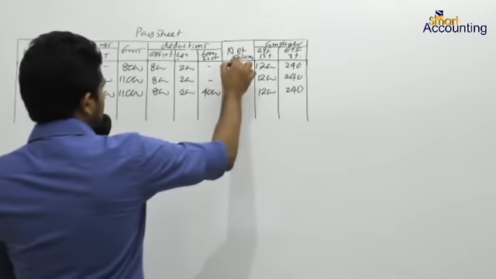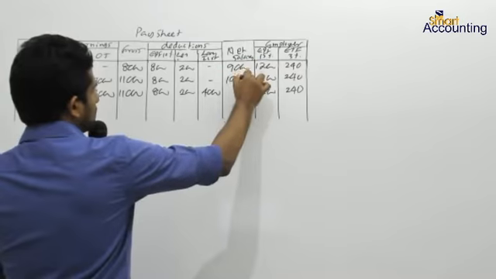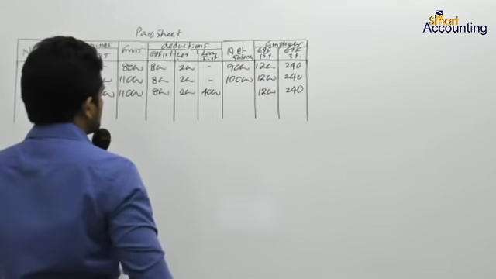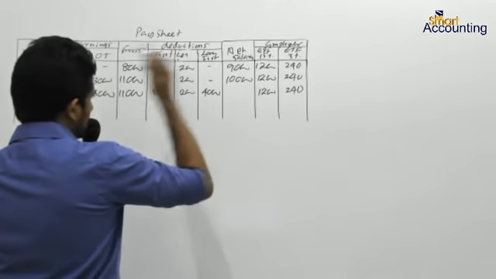Take the net salary, 9,000, 10,000, 6,000.